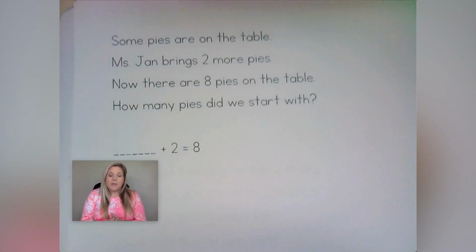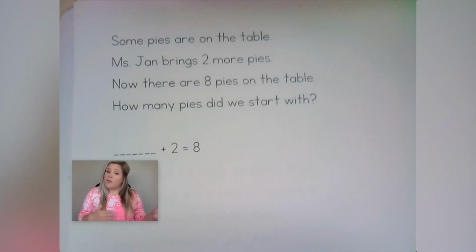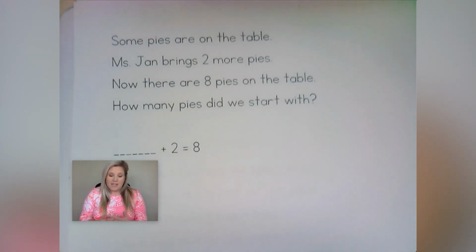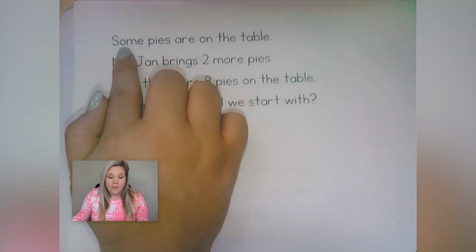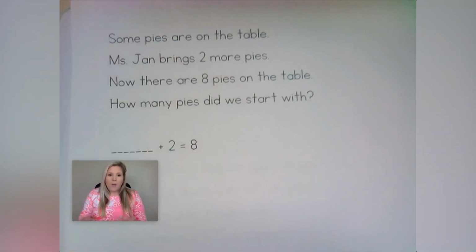Yes, this problem is different than any of the ones that we've worked with so far because the missing number is at the start of the problem where we see the word some. How might we use our number path to help us get started?